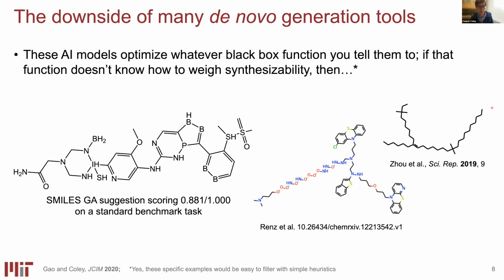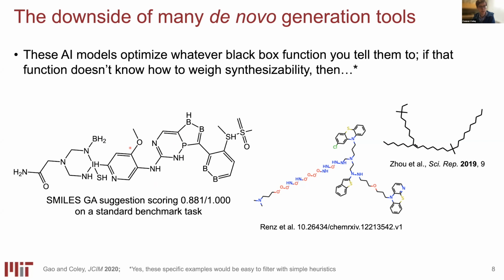So in particular, a lot of these methods, when we ask them to optimize some black box oracle function of interest, won't know anything about synthesizability or even stability of molecules. And so you can use these methods that are achieving state-of-the-art performance on baselines computationally and get molecules like the ones on the slide. It doesn't take too much chemistry knowledge to recognize that this structure is not something that you would give to a chemist and ask them to test in the lab.